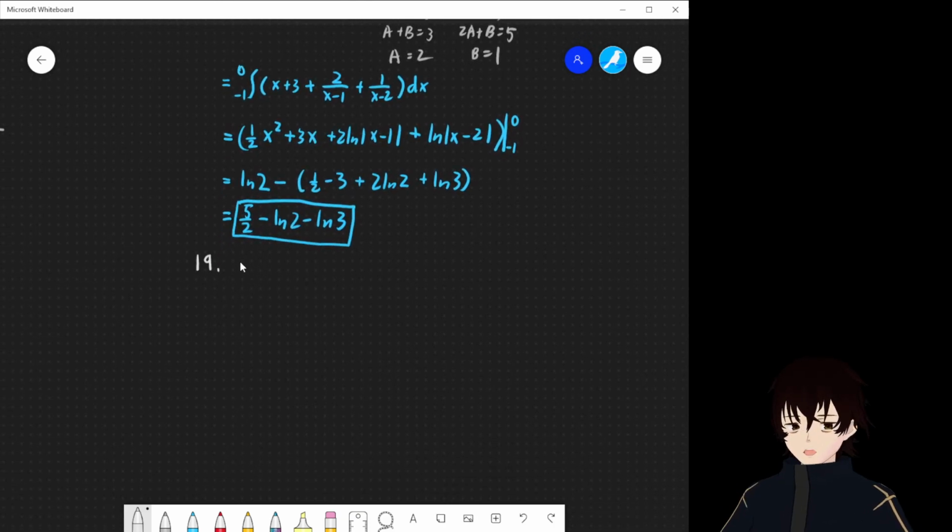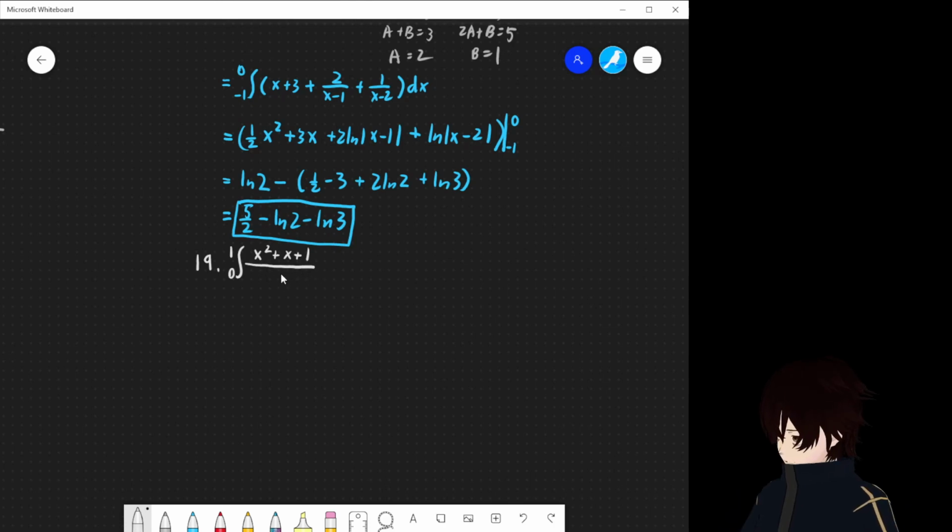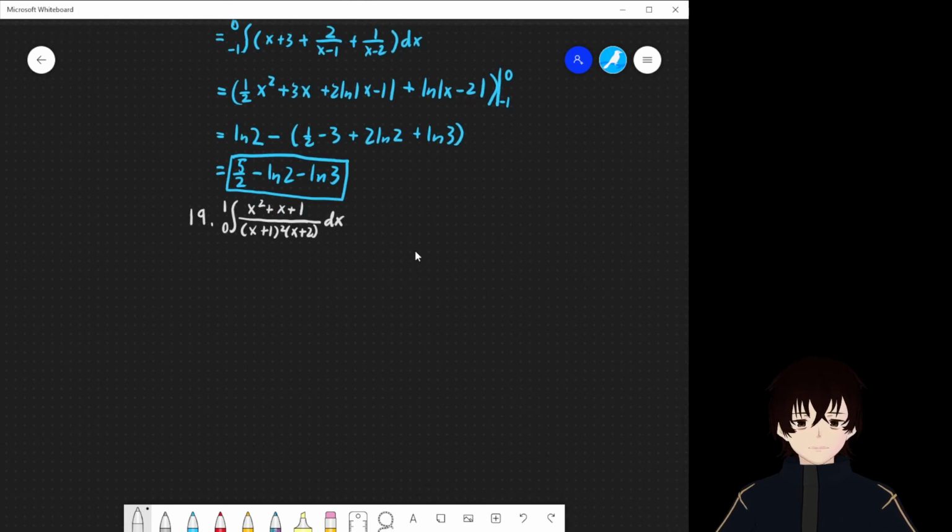19 wants to know the integral from 0 to 1 of x squared plus x plus 1 over (x plus 1) squared times (x plus 2) dx.